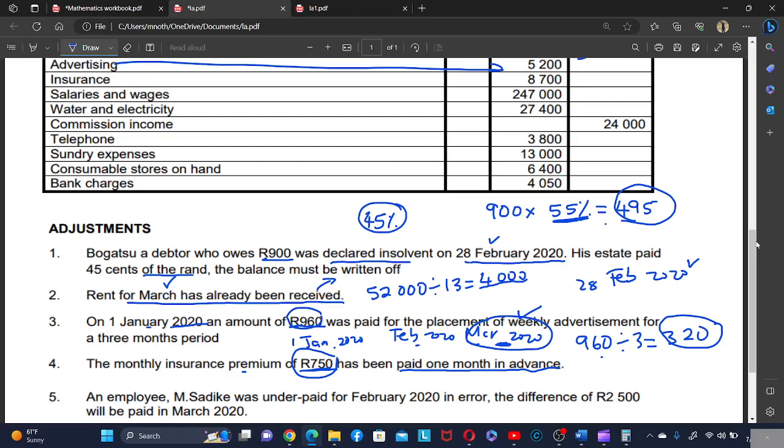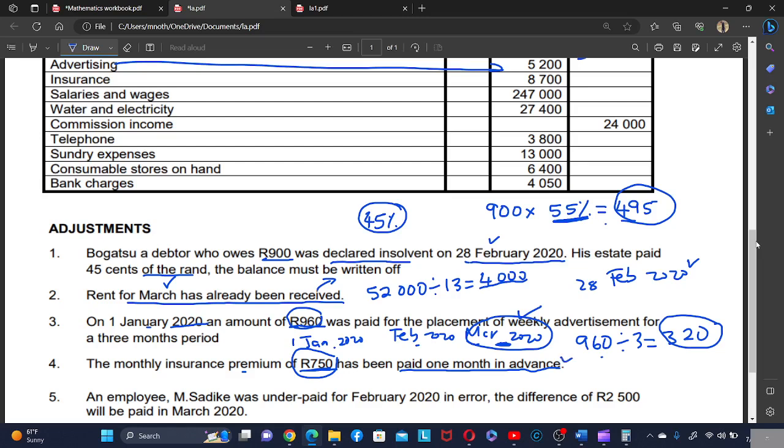Okay, it means that we paid for the month of the next financial year, which is not good because we know the matching. The matching says that expenses should be recorded in the year that they belong in, even if they have not yet been paid.